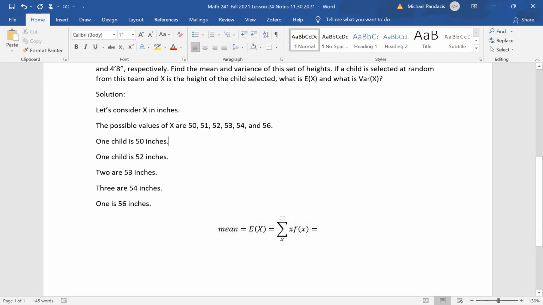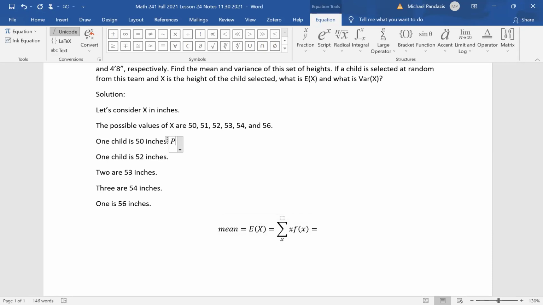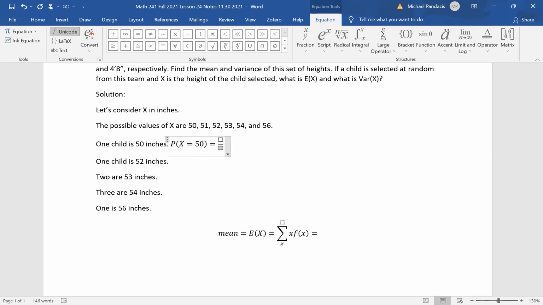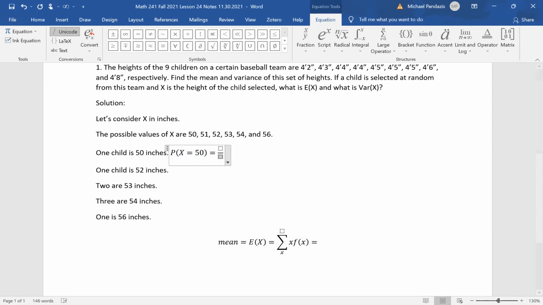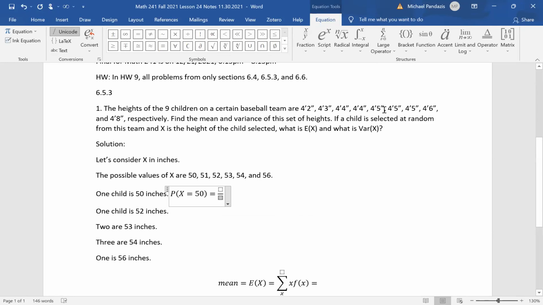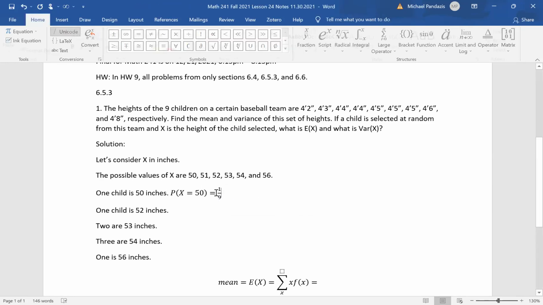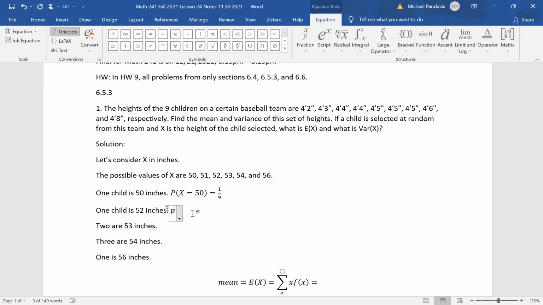So the probability that X, which is the height in inches, is equal to 50 is equal to, well, there's a total of 1, 2, 3, 4, 5, 6, 7, 8. There's 9 in total. And so if 1 is 50 inches, that means it's a 1/9 chance the height is 50. The probability that the height X is 52 inches is equal to 1/9.